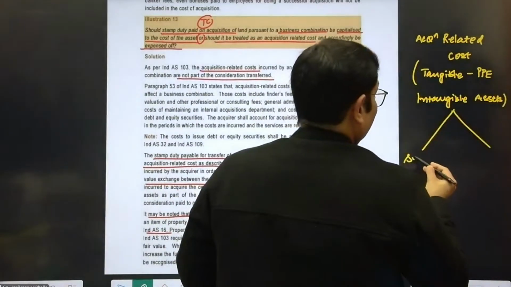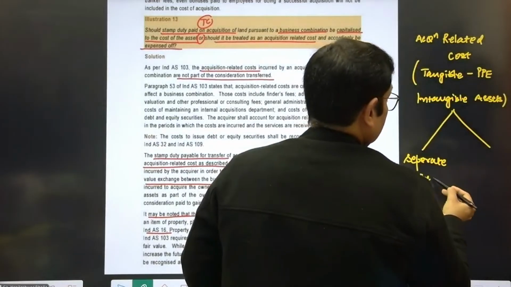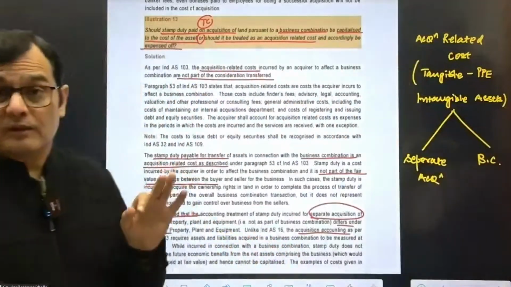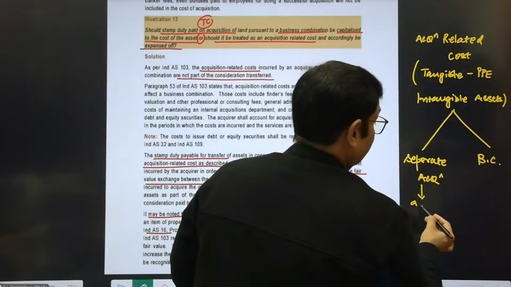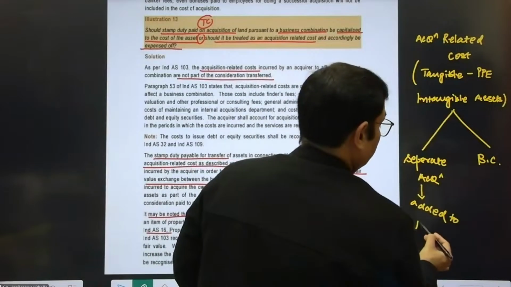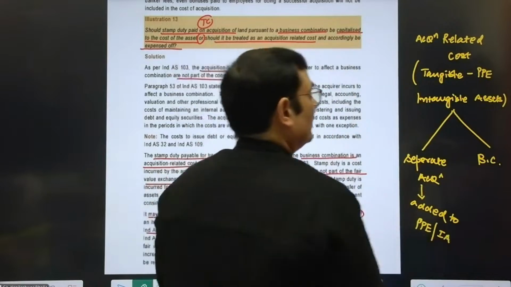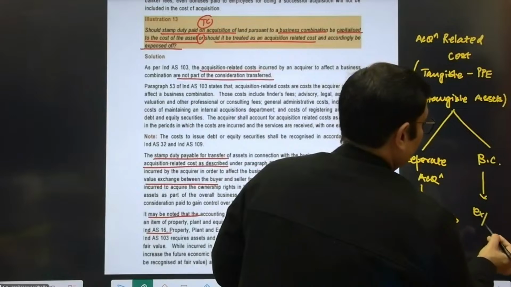Is it a separate acquisition of an asset, or is it a business combination? So the moral of the story is that if it is a separate acquisition, it is added. Added means it is capitalized. It is added to PPE or to the intangible assets in this case. But if it is incurred in a business combination, it is expensed off.